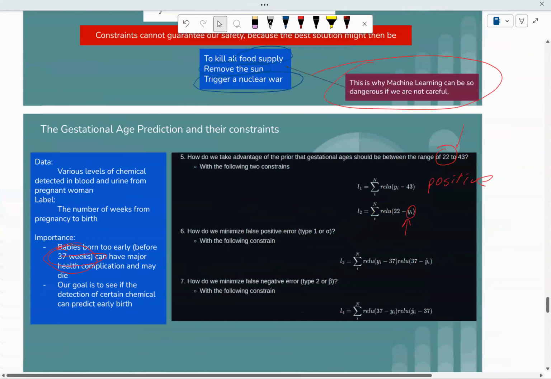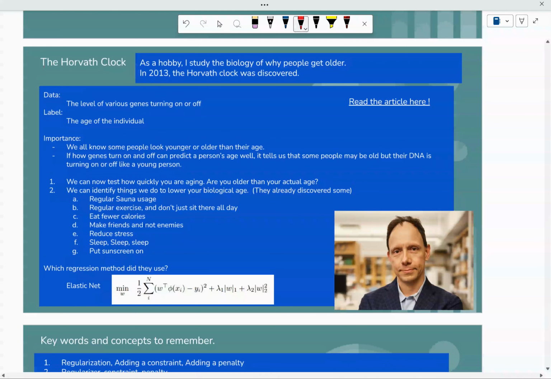All right, so one more example, the Horvath clock. As a hobby, I study the biology of why people get older, just for fun. And in 2013, the Horvath clock was discovered. The idea is pretty simple. We all know people that sometimes look older or younger than their actual age. Therefore how many years they've actually lived may or may not be indicative of how old they are biologically.